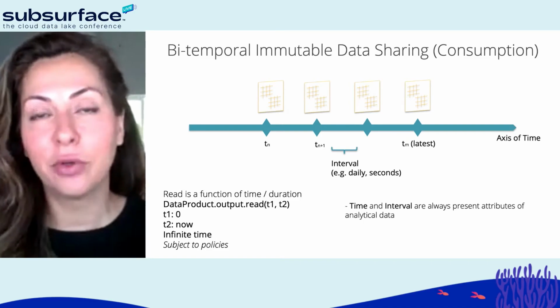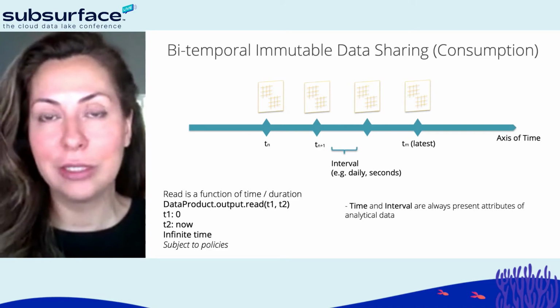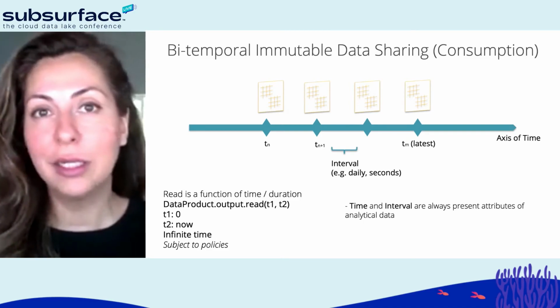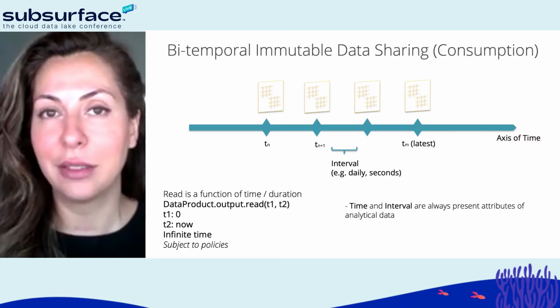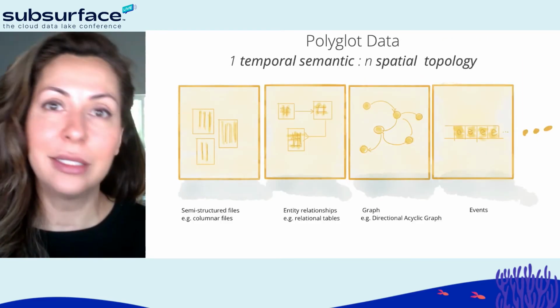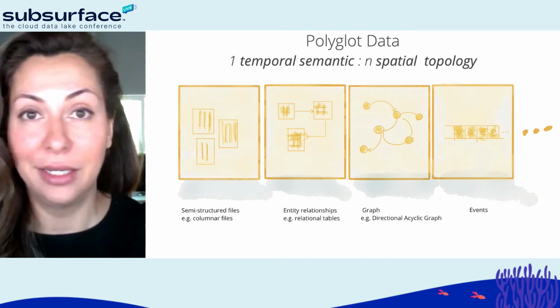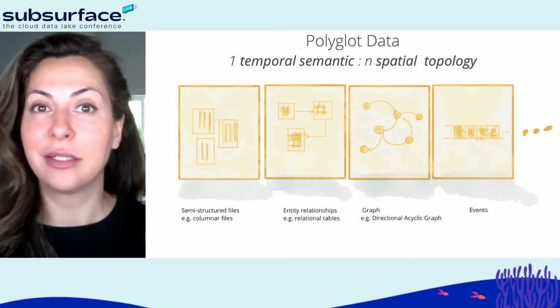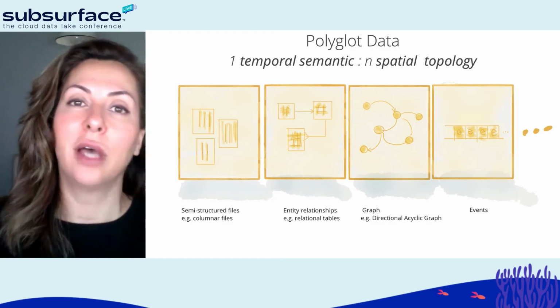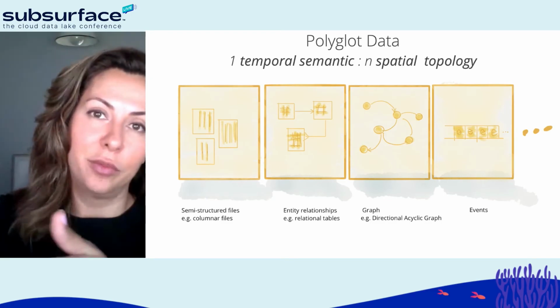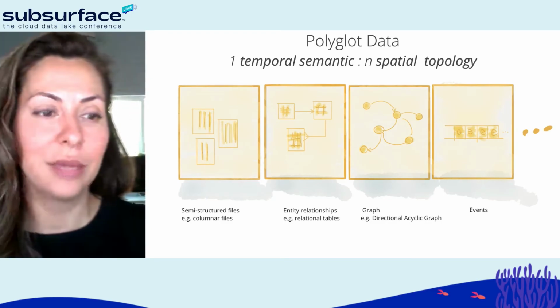So the platform now provides read or query functions that consider time as a primary access. And the time could be the latest. It doesn't always have to be a window that spans multiple points in time; it could be from the latest to now, which is like one snapshot.